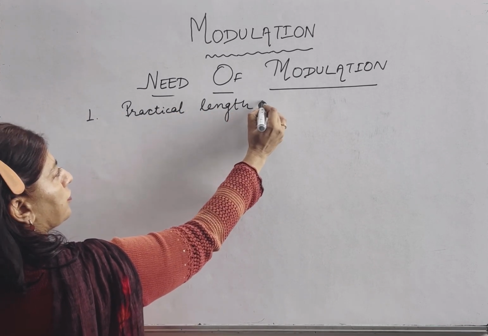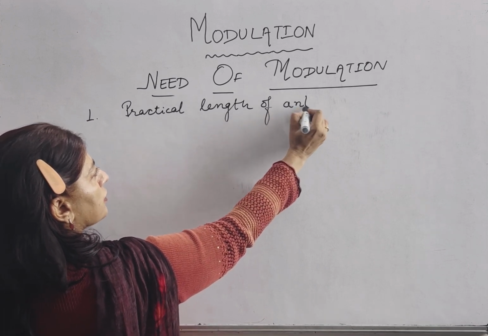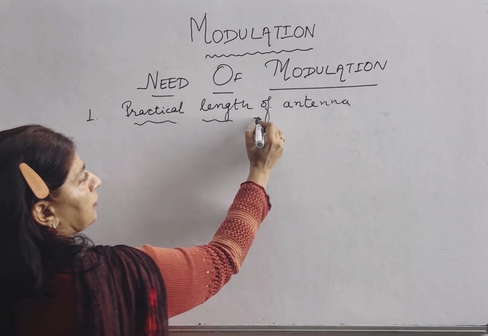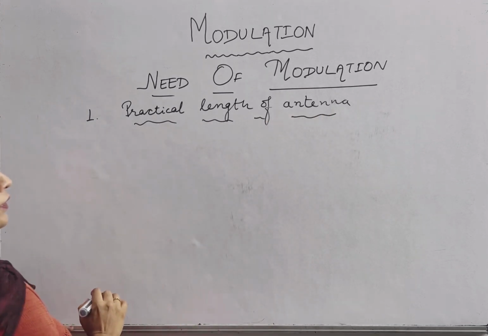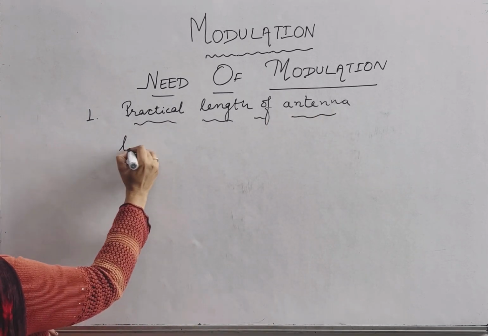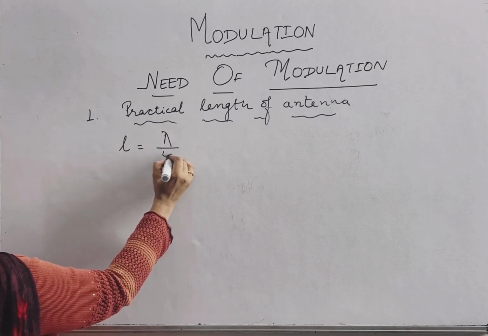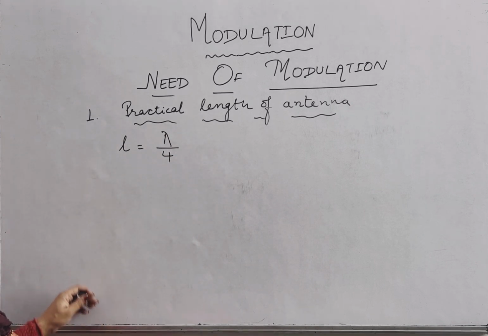Practical length of antenna means how much length of antenna practically is feasible. We know that length of antenna is given by 1 by 4th the wavelength of the waves that we are using.